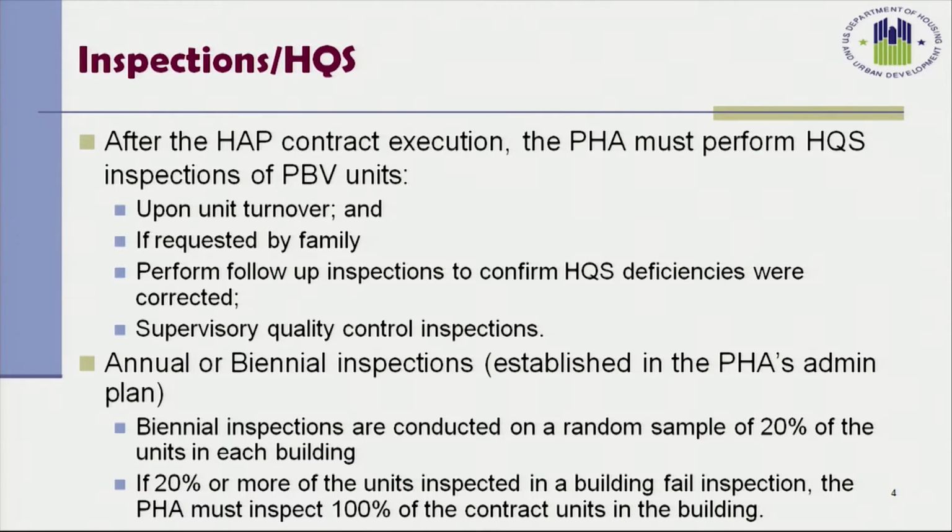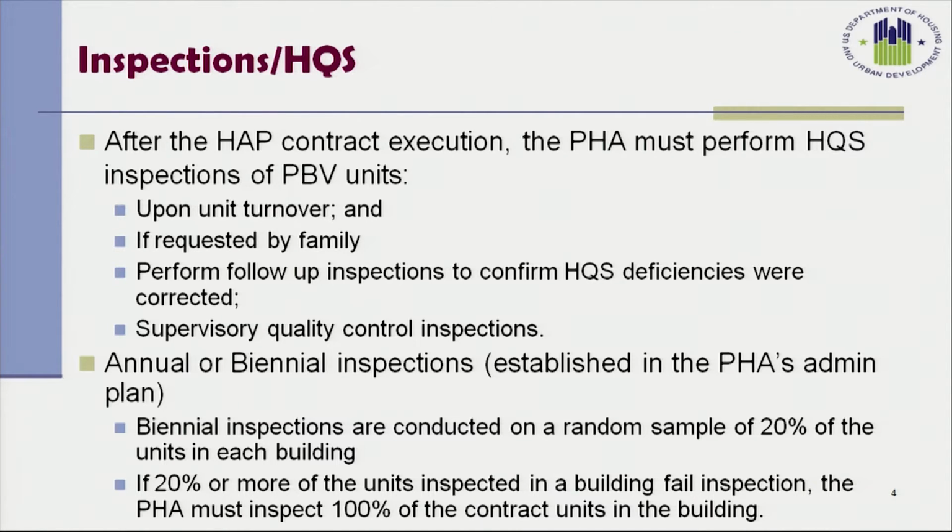After the HAP contract execution, the PHA must perform HQS inspections of PBV units upon unit turnover, if requested by the family, and to perform follow-up inspections to confirm HQS deficiencies were corrected, and supervisory quality control inspections.